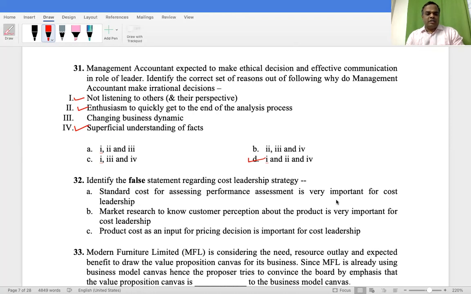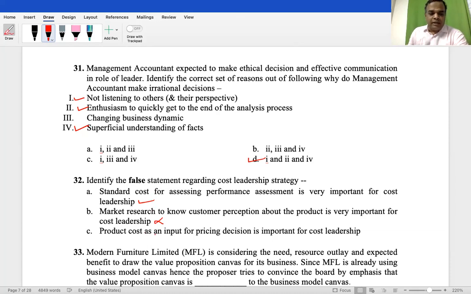The first one is correct, as we have already discussed. Standard cost may not be required for product differentiation, but it is required for cost leadership. The second one, market research to know customer perception, may not be needed for reducing the cost.